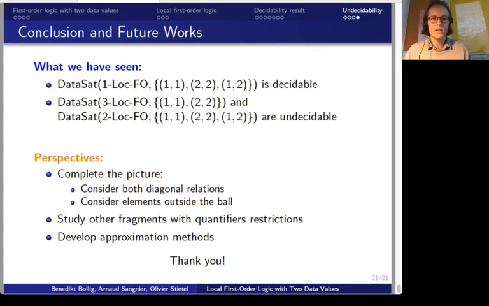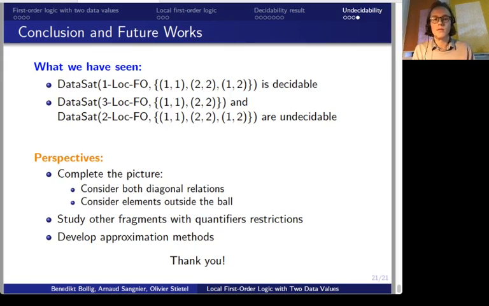So in conclusion, what we know is that with radius 1 and one diagonal relation it is decidable, with more than radius 1 it is undecidable with one diagonal relation, and for radius 3 it is undecidable. The perspective is that we want to complete this picture.